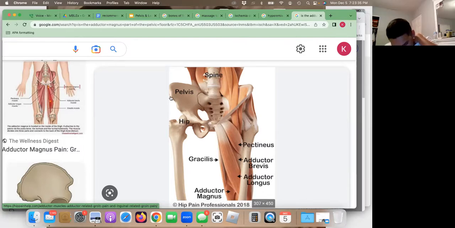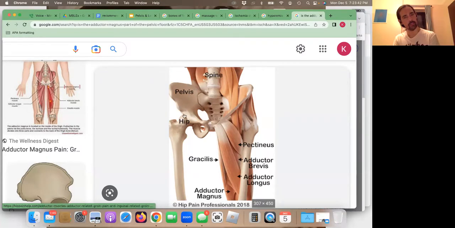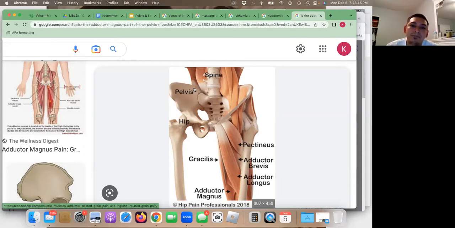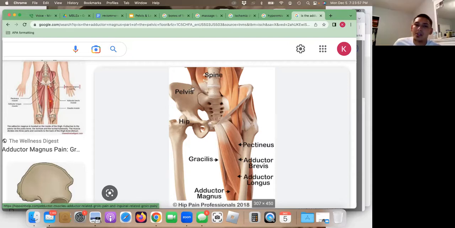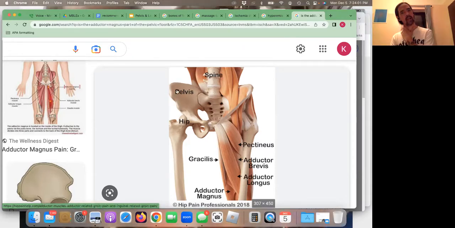Superior. What's the name of this bone? Ilium or ischium? Ischium, right? It's the ischium. Ilium. Wait. It's the ilium. Okay. The ilium. Iliac crest. Anterior superior iliac spine. Spine is a pokey thing.